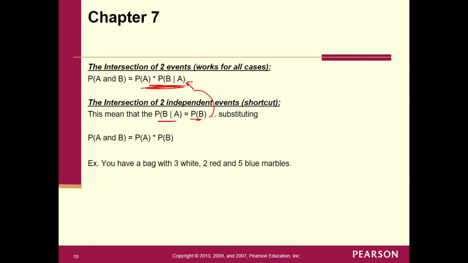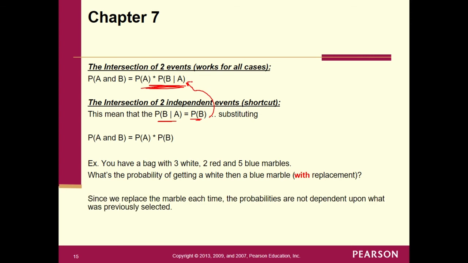So let's go back to our example. What's the probability of getting white and a blue marble, but with replacement? So we're throwing the marble right back into the bag. Well, since we replace the marble each time, the probabilities are not dependent upon what was previously selected. So the draws are independent of one another.